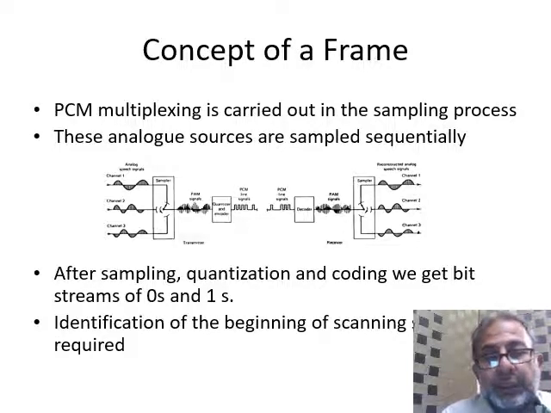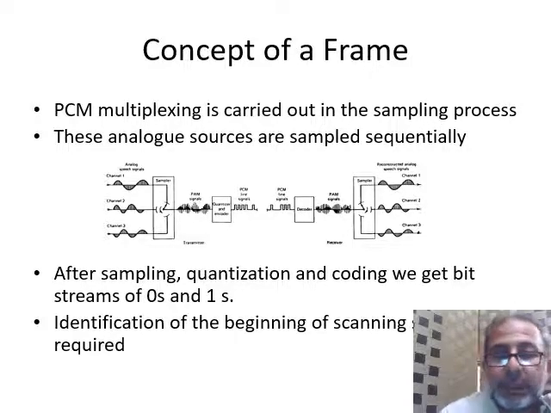First of all, the PCM multiplexing is carried out in the sampling process. So two things are happening at one particular time. Number one is that the multiplexing of multiple channels is being done, and the other thing is that these channels or these signals are being sampled.